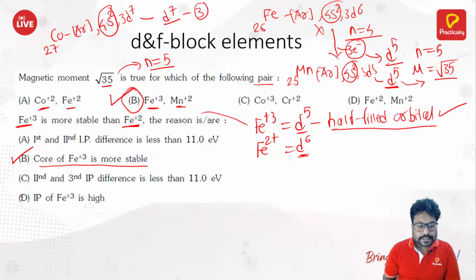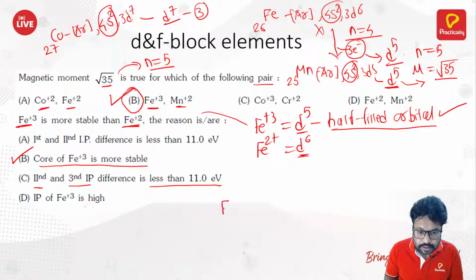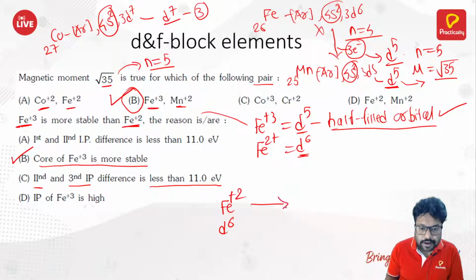Next, the second and third ionization potential difference. The difference is less than 11 electron volt, or we don't know. See, now this is Fe plus 2, a d6 system, and then you are going to Fe plus 3, your d5 system.